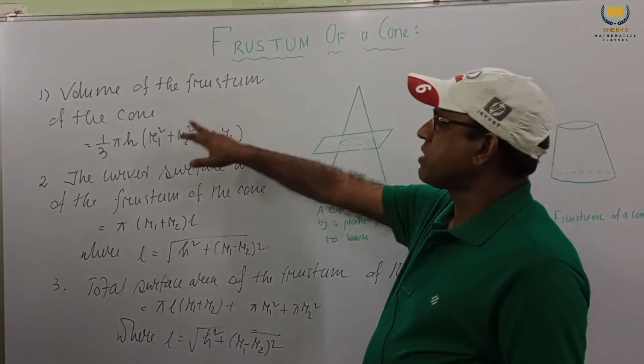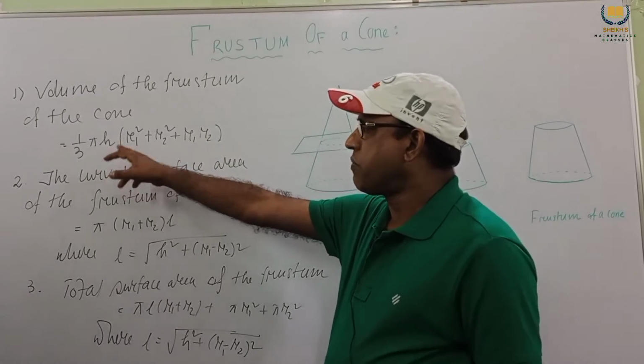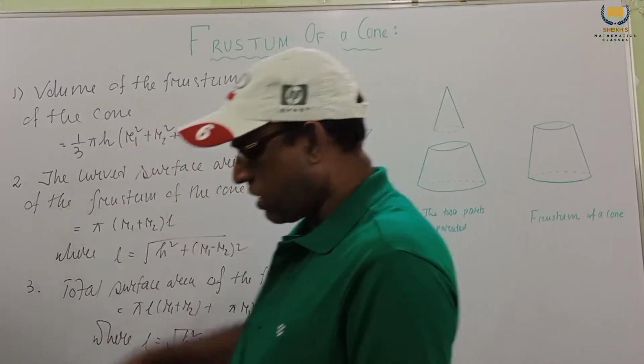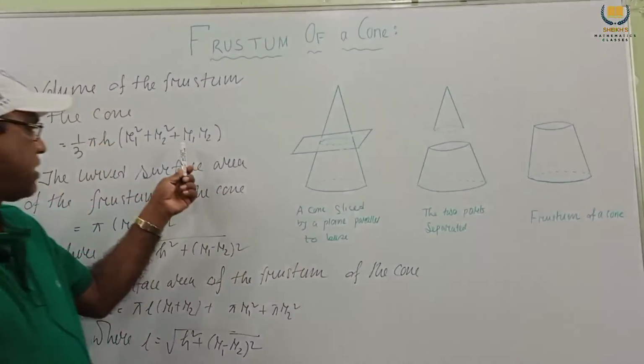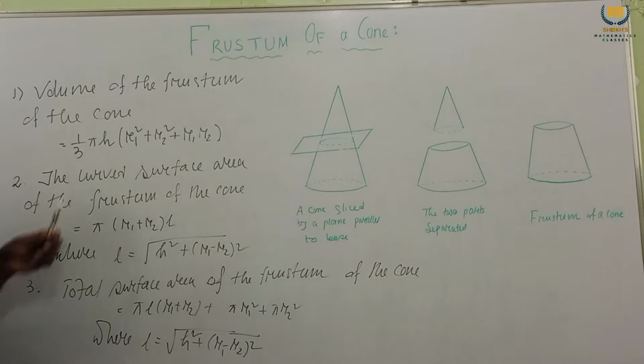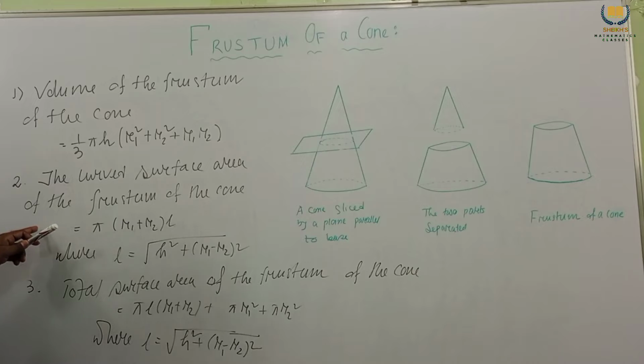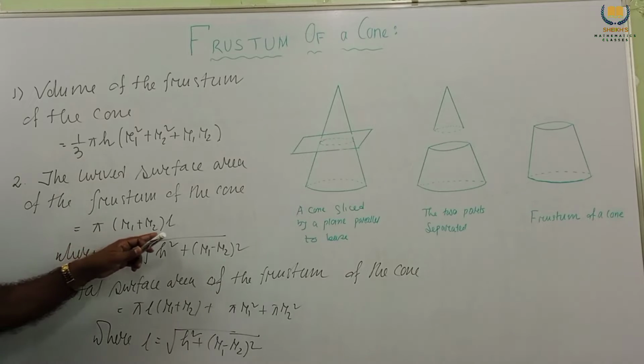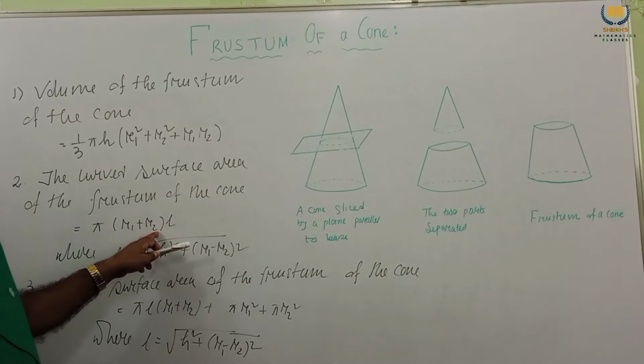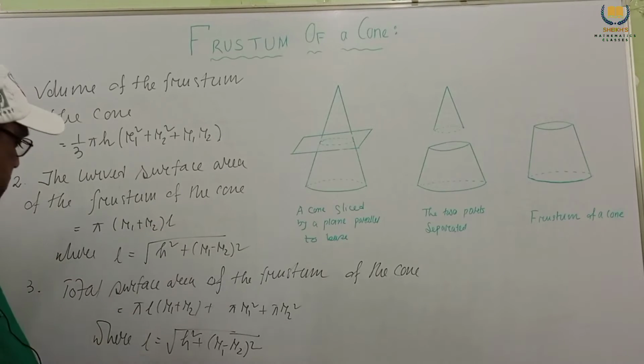Volume of the frustum of the cone equals 1 by 3 pi h (R1 square plus R2 square plus R1 R2), and the curved surface area of the frustum of the cone is pi (R1 plus R2) L. In general we know pi RL, and here R is R1 plus R2.